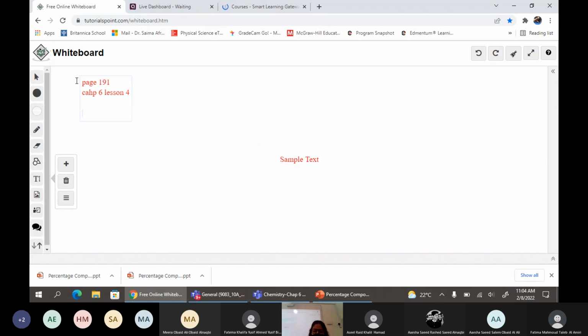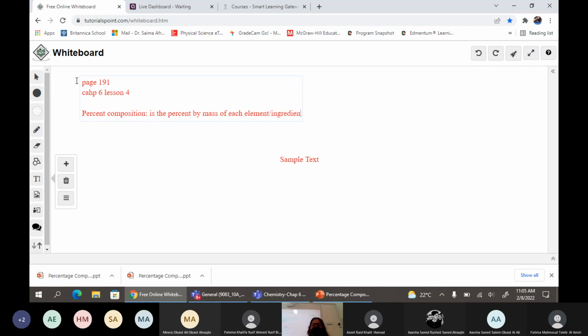This is called percent composition. So percent composition is the percent by mass of each element or ingredient, you can say.